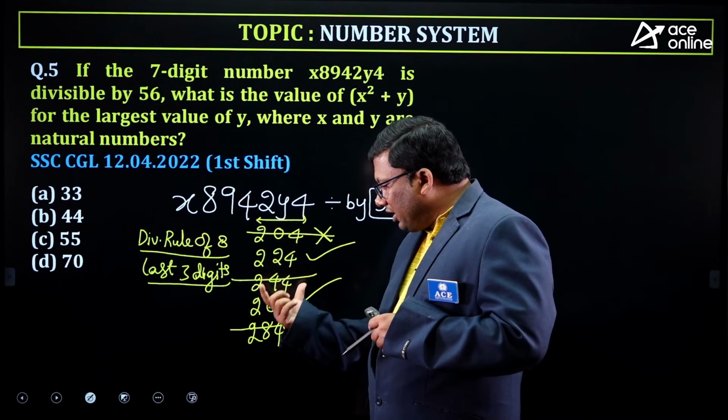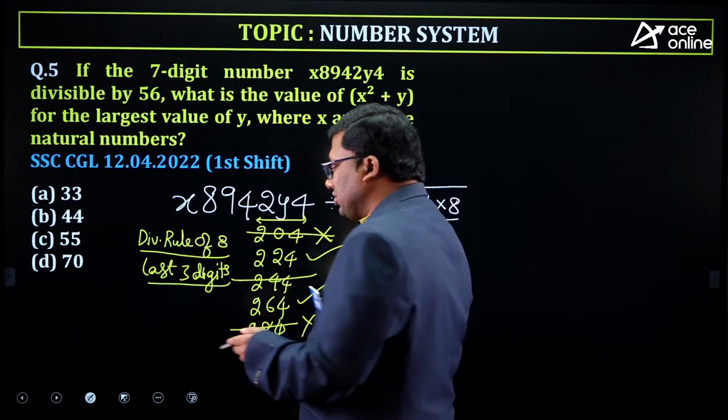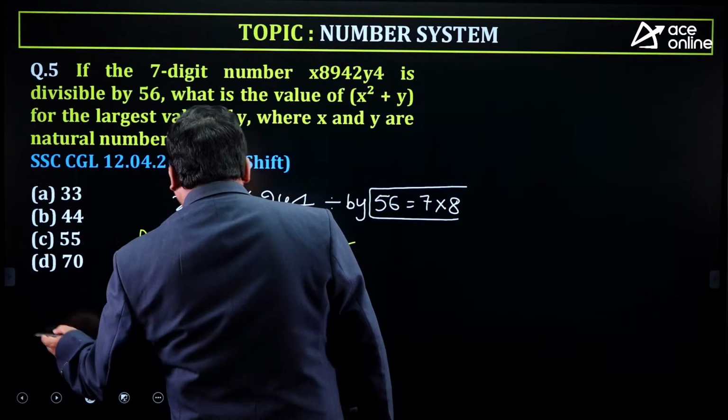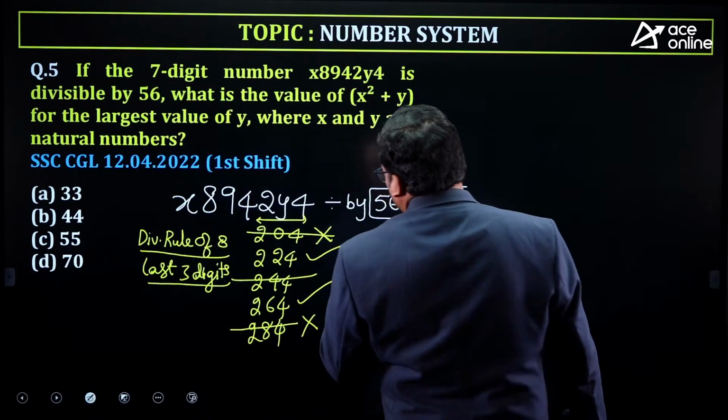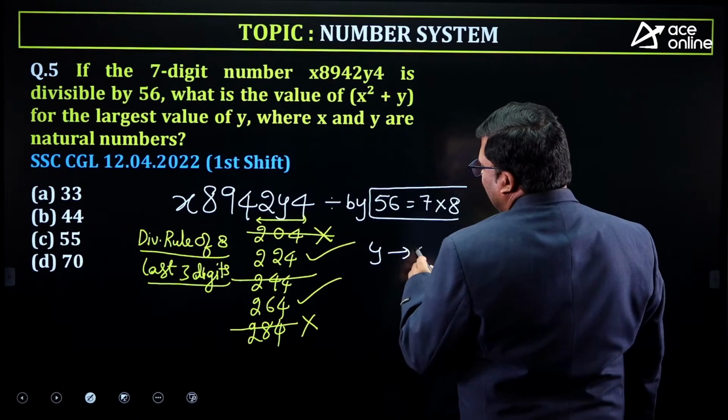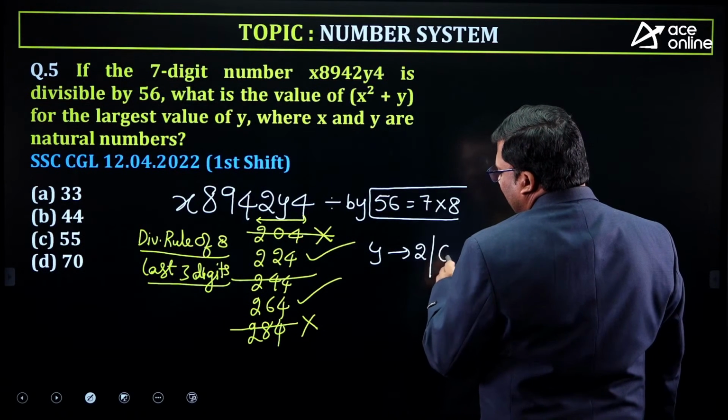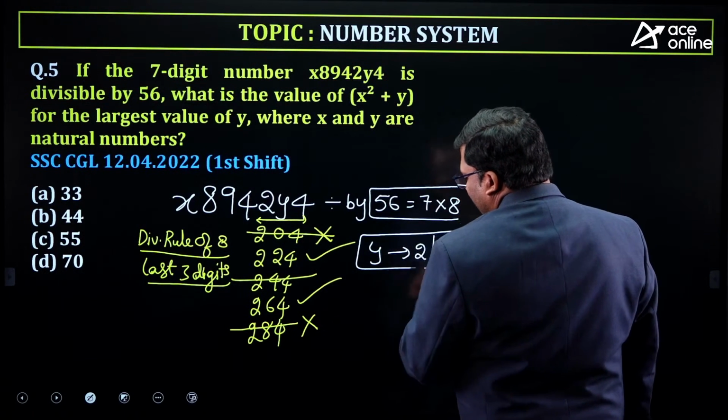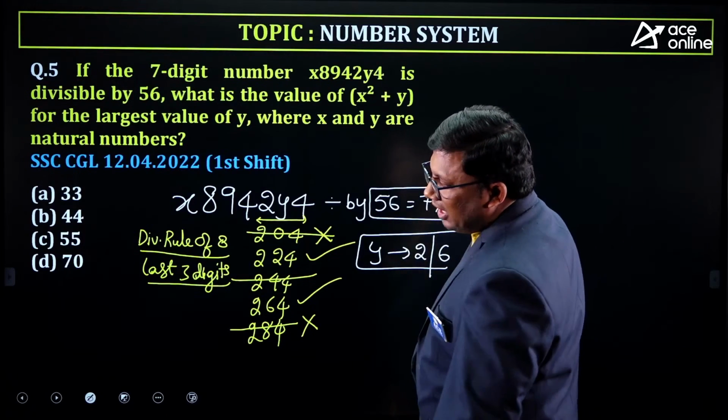One is 224, another is 264. That means Y can be either 2 or 6.